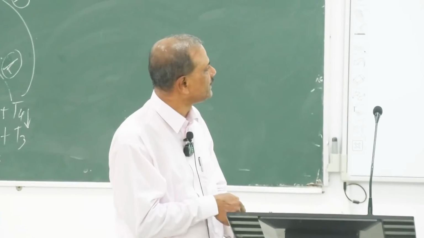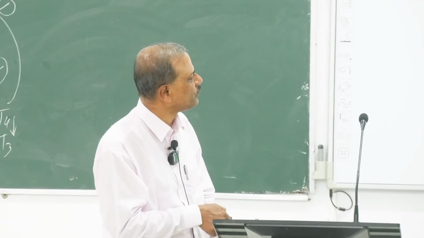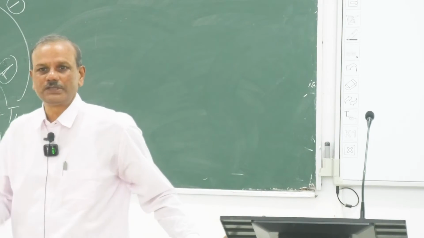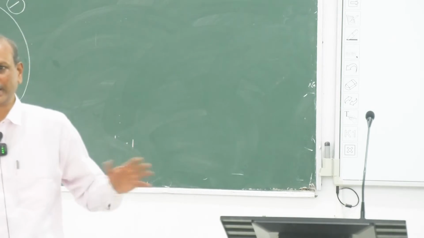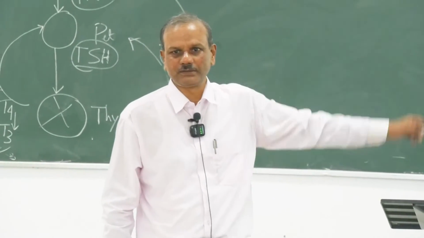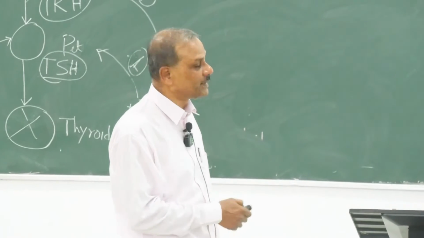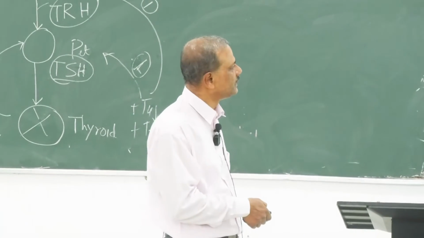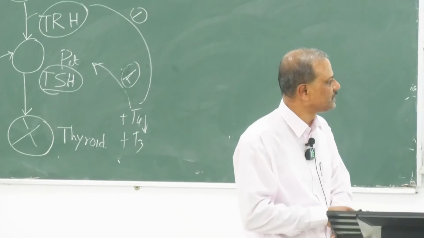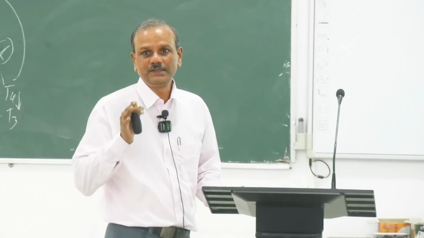In that case, T3, T4, FT3, FT4, everything will be normal. TSH will be high, because there will be a compensatory mechanism active to restore everything to normal, and that is the reason why you are seeing everything to be normal. In the later stages, as the disease advances, first FT3, FT4 will be low, and then total T3, total T4, and in that case TSH will be very high.